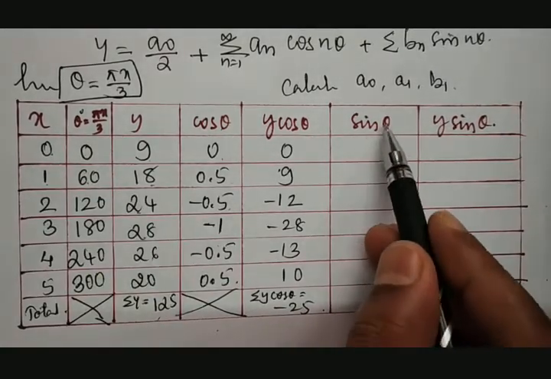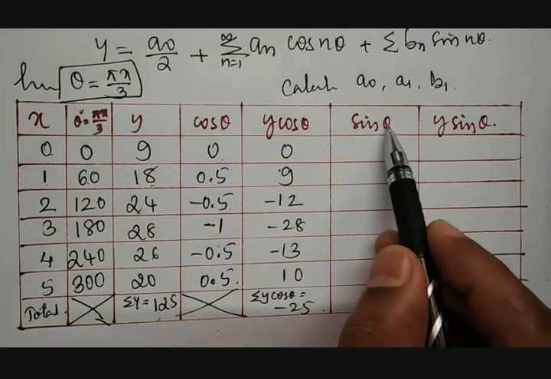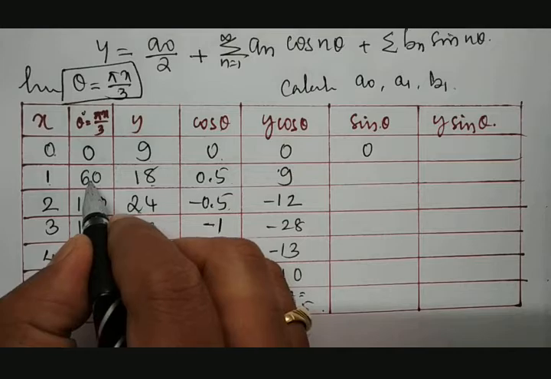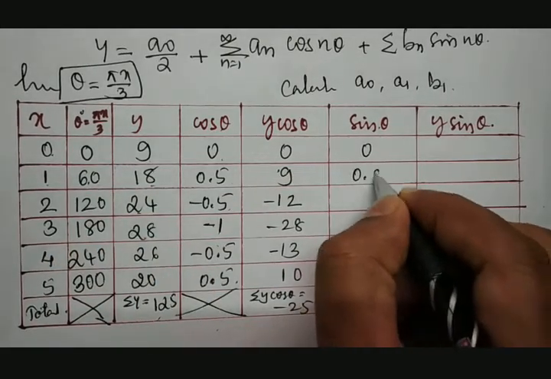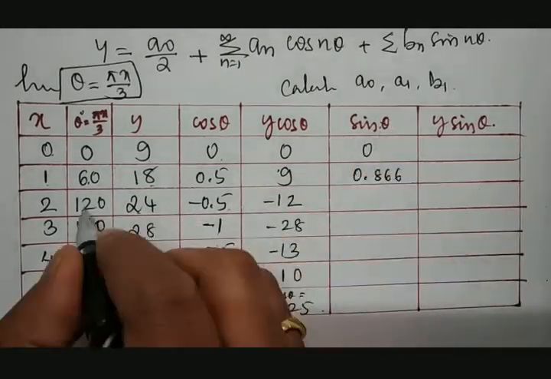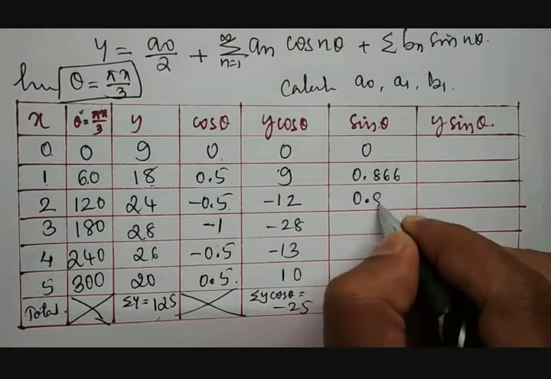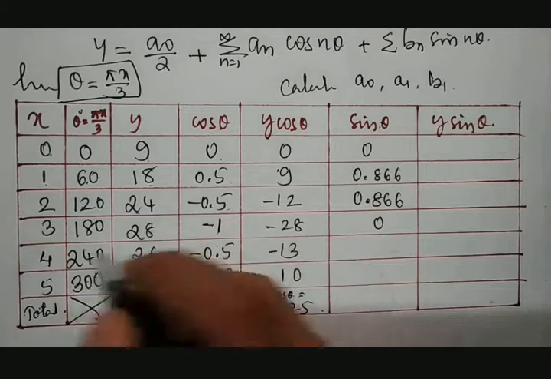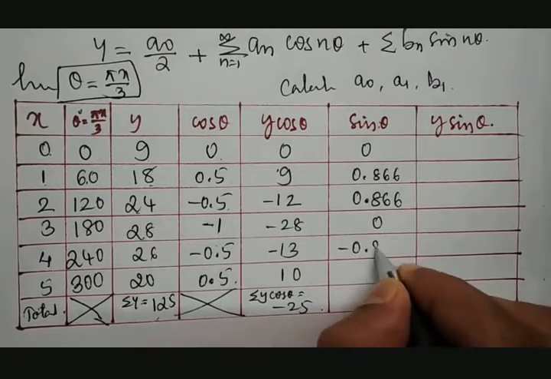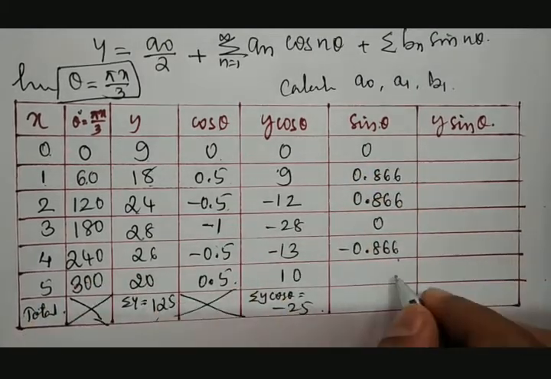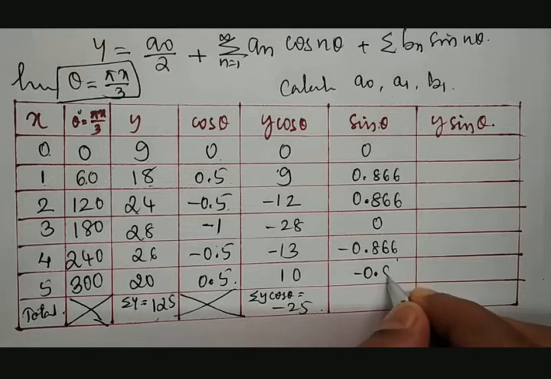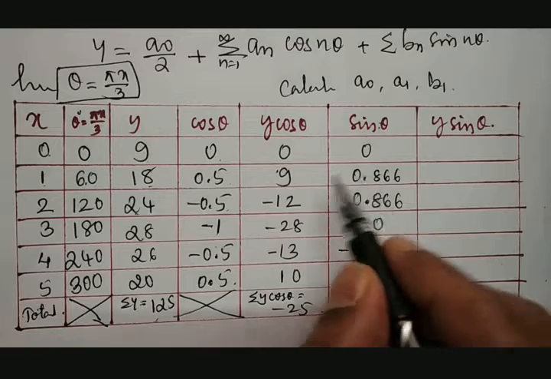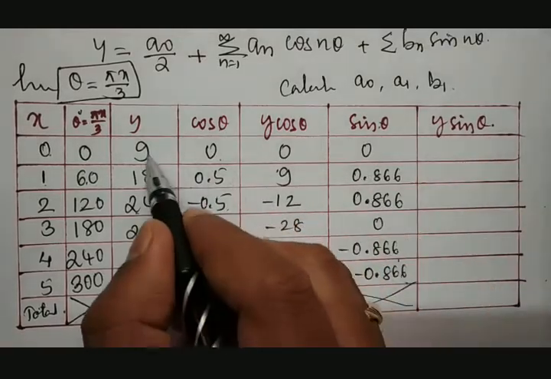Similarly, sin theta. Sin 0 is 0. Sin 60 is 0.866. Sin 120 is 0.866. Sin 180 is 0. Sin 240 is minus 0.866. Sin 300 is minus 0.866. Summation of this is not required. Then y into sin theta.